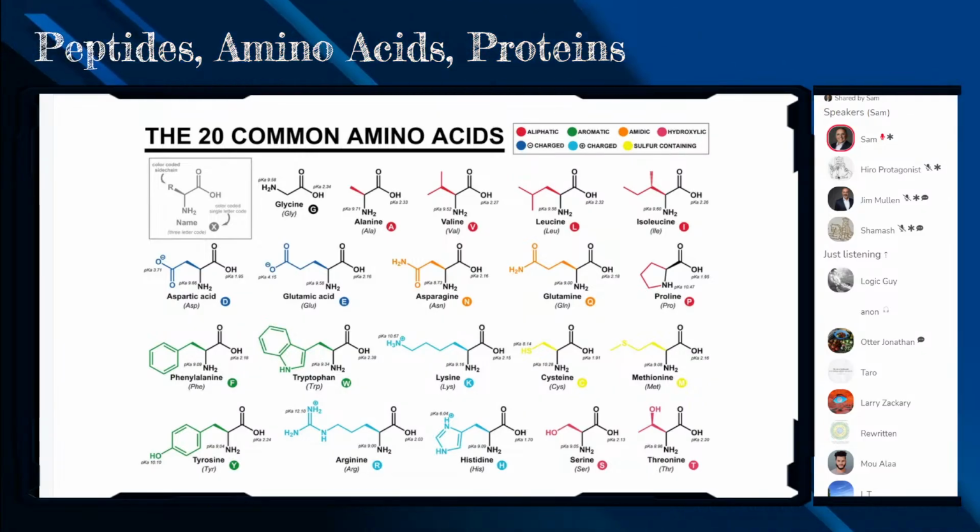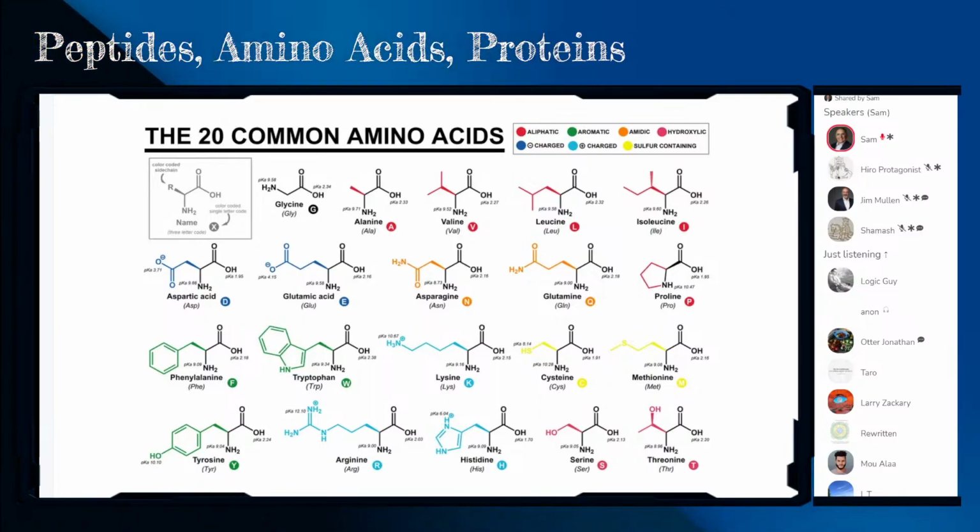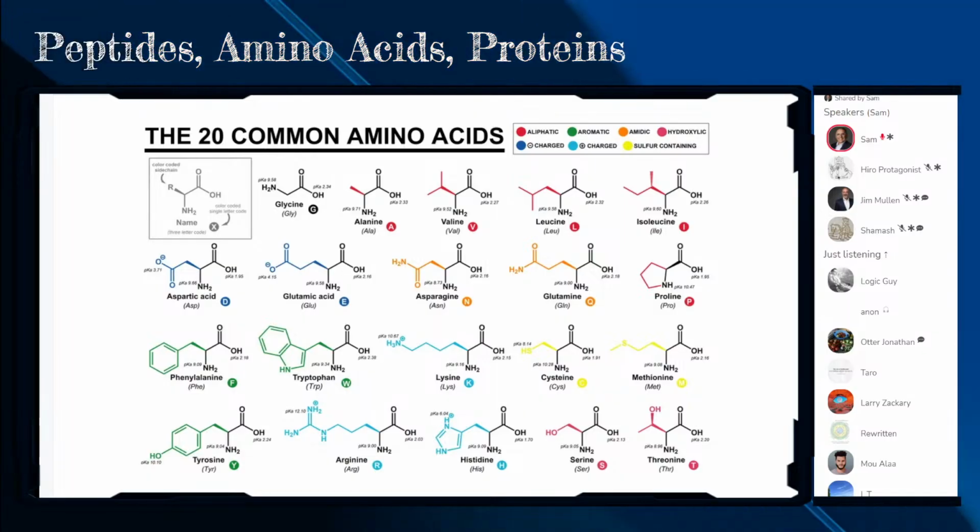So again, from amoeba all the way to us and plants and bacteria and everything, all of our proteins are made out of these and only these 20 amino acids. Why is it called common? Because we have many other synthetic amino acids, but they're not as common.